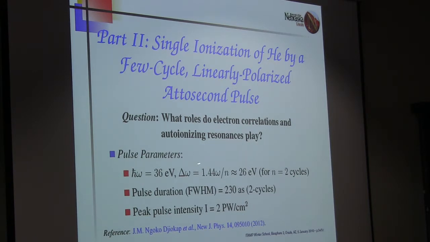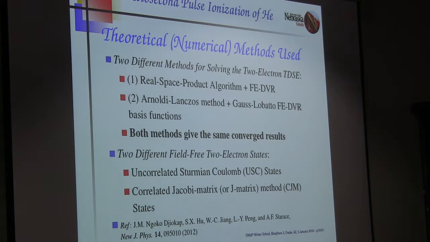And these are the parameters of the pulse we're looking at. We did our calculations in two different ways and worked out the bugs in each of the ways so that the two different calculations gave the same result.